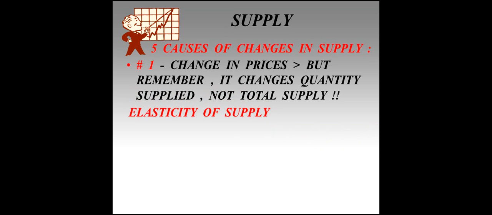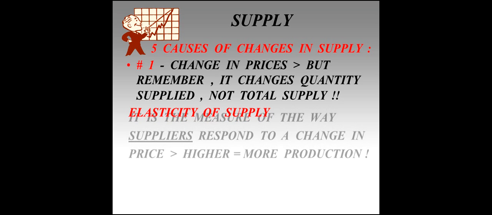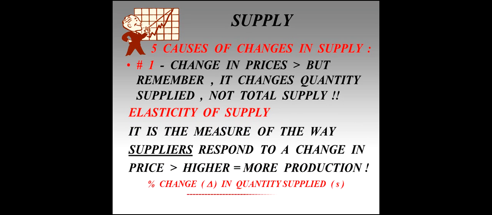Now, with regard to elasticity or sensitivity to price changes, the same type of rules apply to the concept of supply to a market as applied to demand, meaning the measure of the way suppliers respond to a change in price, meaning a higher price, more production, is the same that we look at in the demand chapter.